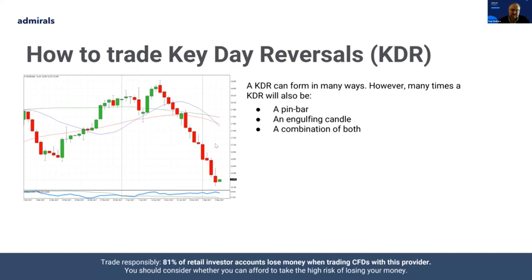So what you will find is that a key day reversal can form in many ways. Many times it might also look like a pin bar. It'll be an engulfing candle. It can be a combination of both. Just remember. In this particular case, this is silver, a commodity, on the daily chart. See, price drops all the way down there.